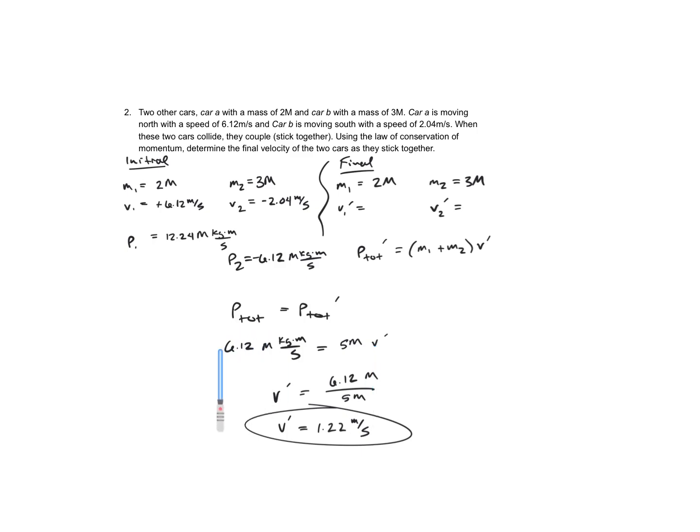So we take the total momentum at the beginning and divide it by the mass at the end to produce a final velocity of 1.22 meters per second. So this little m1, v1, m2, v2, v1', v2' chart can be really helpful if the problem asks you to solve for a final velocity.